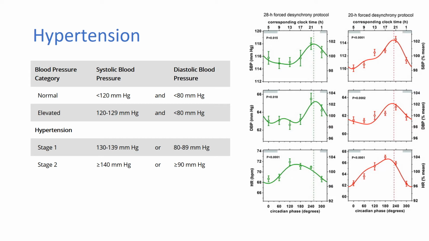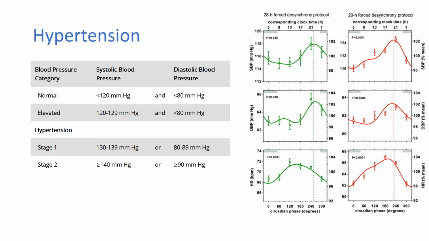Now, the numbers that we have here for normal blood pressure are defined from the SPRINT study that found that having a blood pressure of 120 or lower is associated with fewer cardiovascular disease events and reduced mortality.